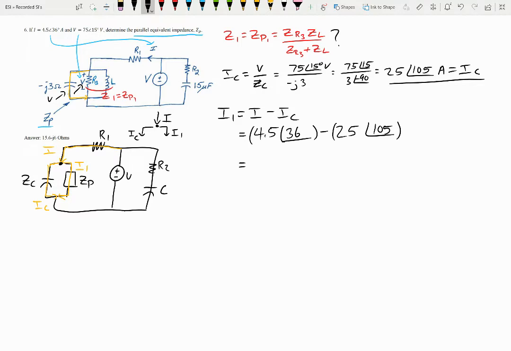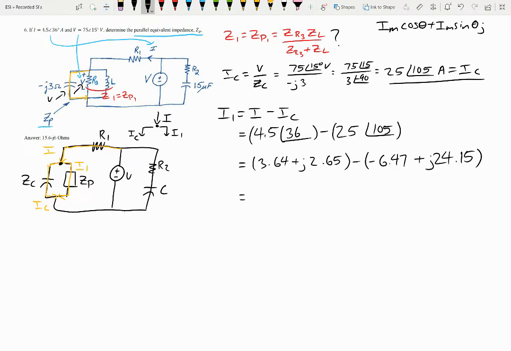And if we break these down into component form, using Im cosine theta plus Im sine theta j, we'll get 3.64 plus j2.65, and we'll subtract negative 6.47 plus j24.15.